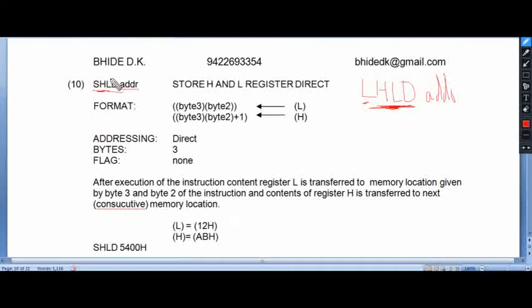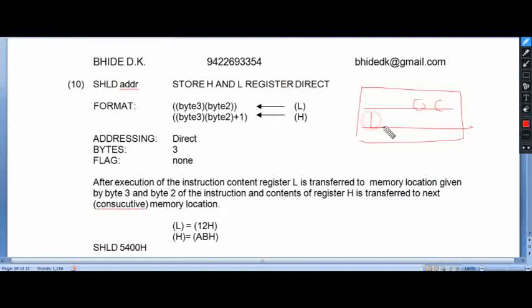This is also a 3-byte instruction. The first byte is the operation code, the second byte is the low order address, and the third byte is the high order address.